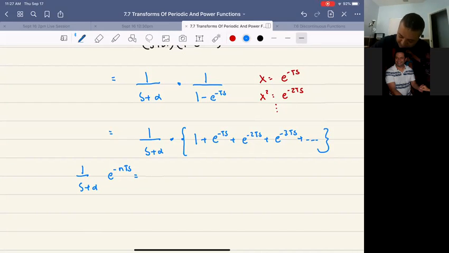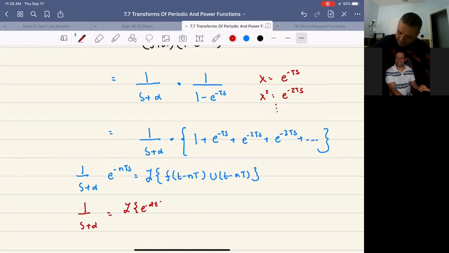By number 10, this is the Laplace transform of f of t minus nt times u of t minus nt. But what's our f of t? 1 over s plus alpha is the Laplace transform of e to the negative alpha t. That's just simply number 15.